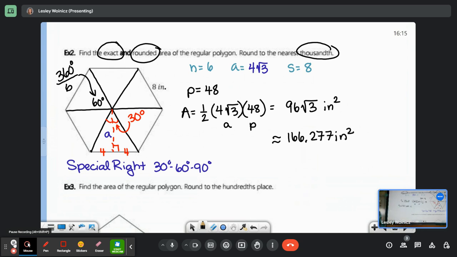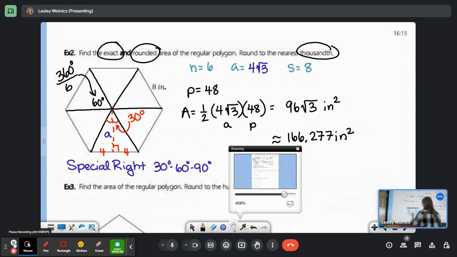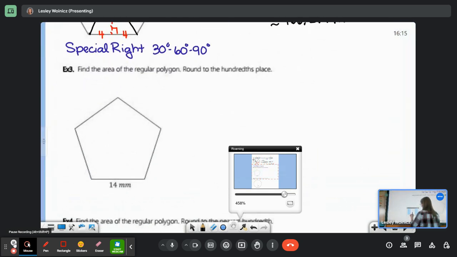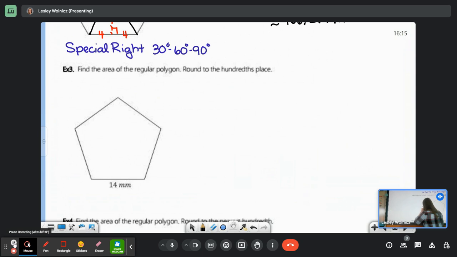Okay, perfect. I definitely messed it up in the notes. I magically turned the root 3 into a pi, and it totally changed my answer. And then I also rounded to the hundredths instead of the thousandths. All right, let's do another one.